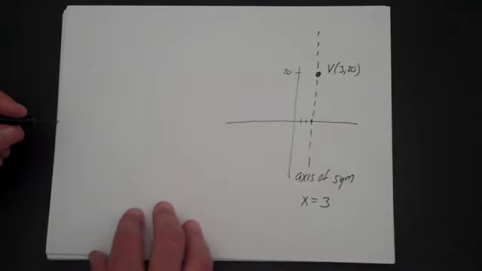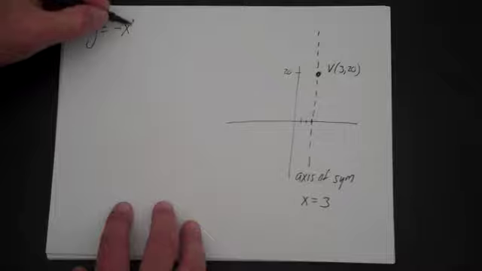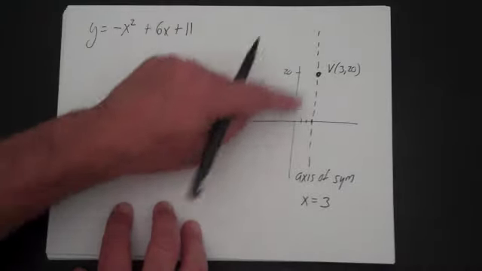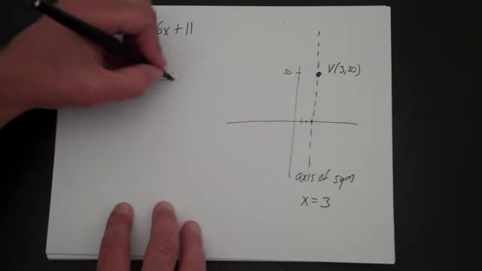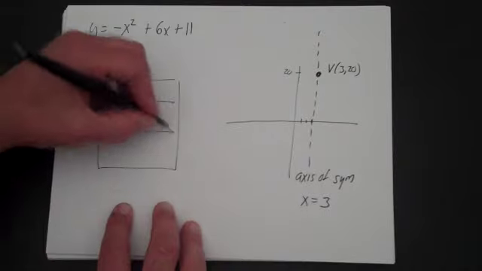The next thing to do is find 2 more points. Our original equation is y equals minus x squared plus 6x plus 11, so we know it opens down. You can find 2 additional points by doing an xy table.